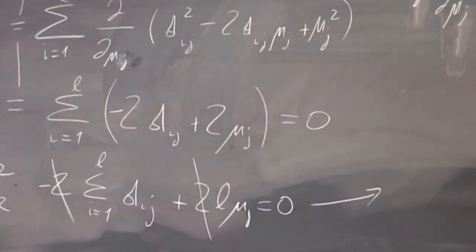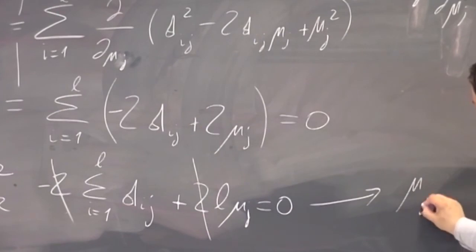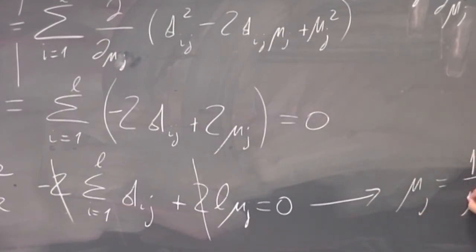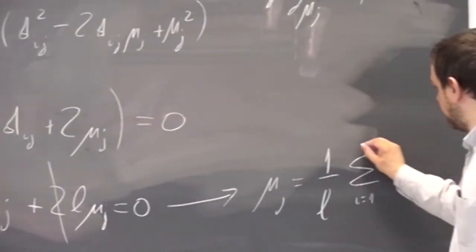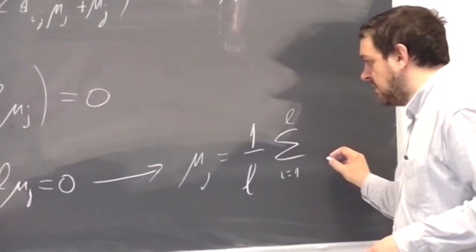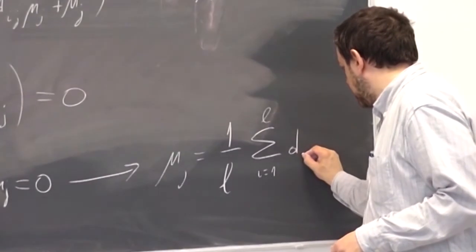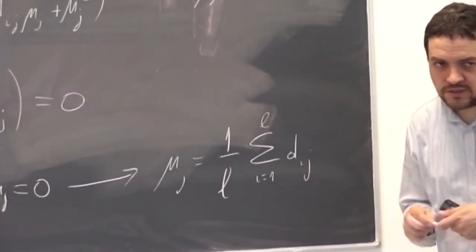So finally we get that mu_j is equal to 1 divided by L times the sum for i going from 1 to L of d_ij.